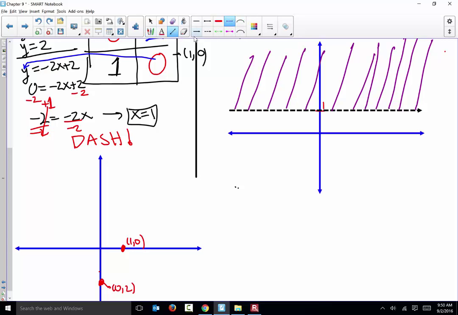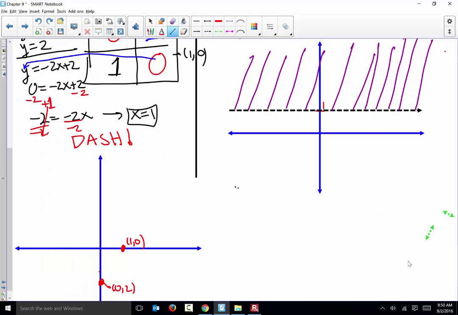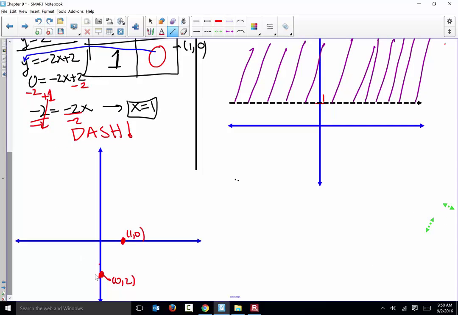And you better pick a dashed line, and I like this green one. It's skinny. Yeah, not too bad. And make a picture of this.